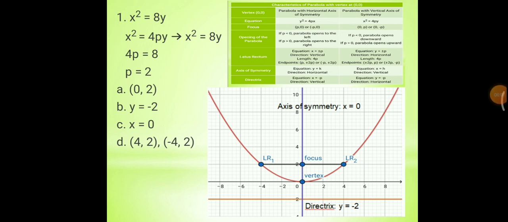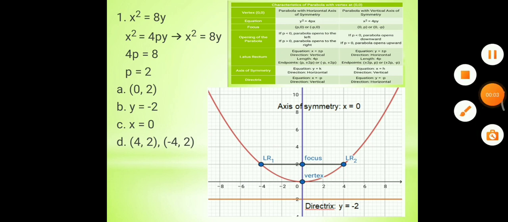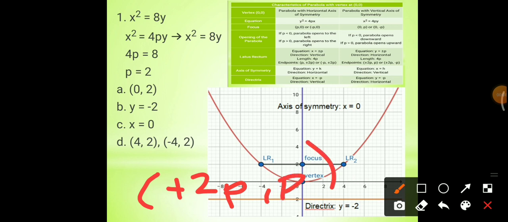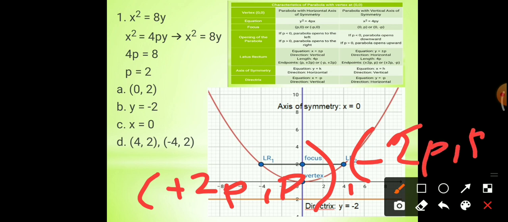The endpoints of the latus rectum are (2p, p) and (negative 2p, p). We just need to substitute the value of p. 2 times 2 is equal to 4, then the value of p, 2.